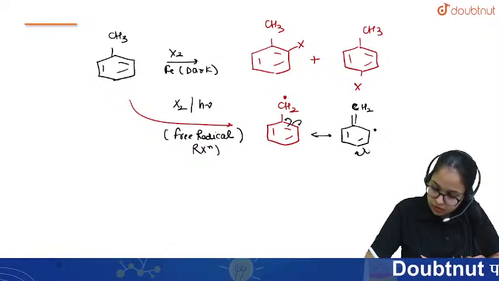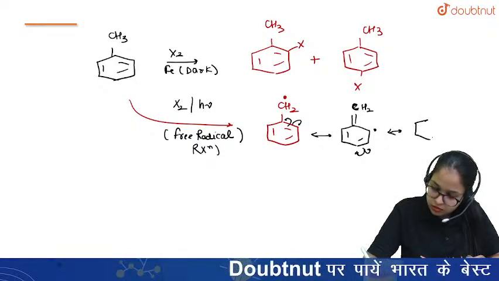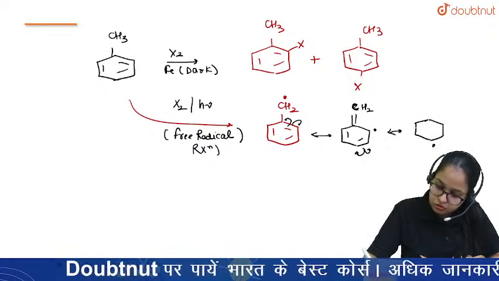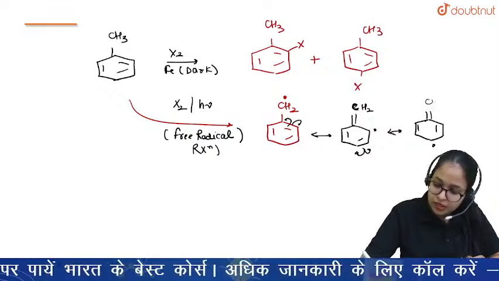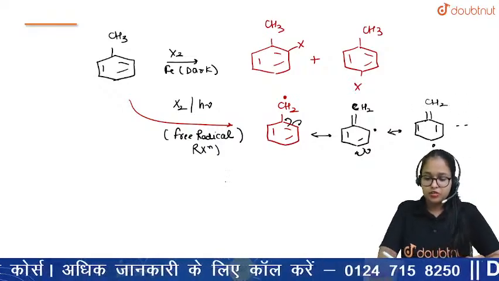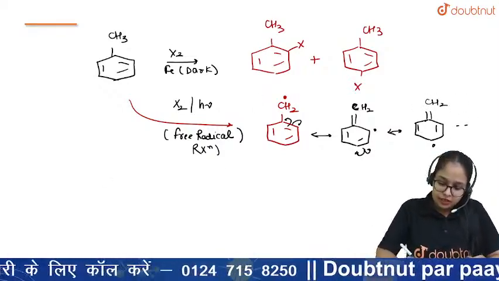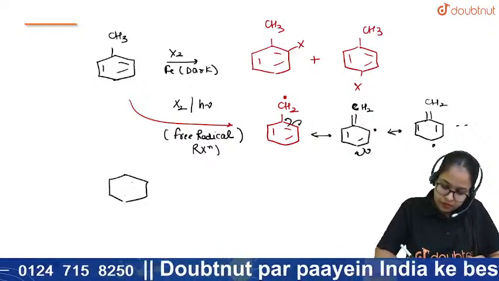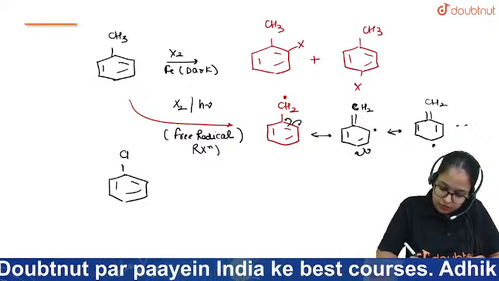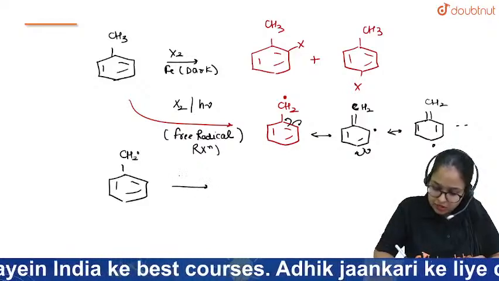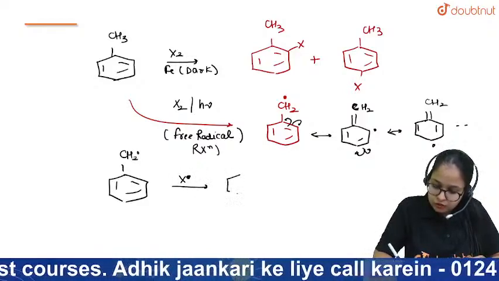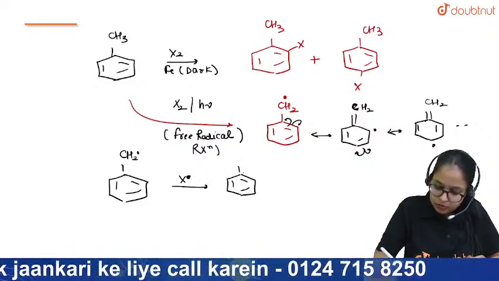This will again undergo resonance and so on. So the radical is delocalized, and delocalized leads to the stabilization. Most stable free radical is this CH2 radical. Then it reacts with X radical to give you benzylic halide.